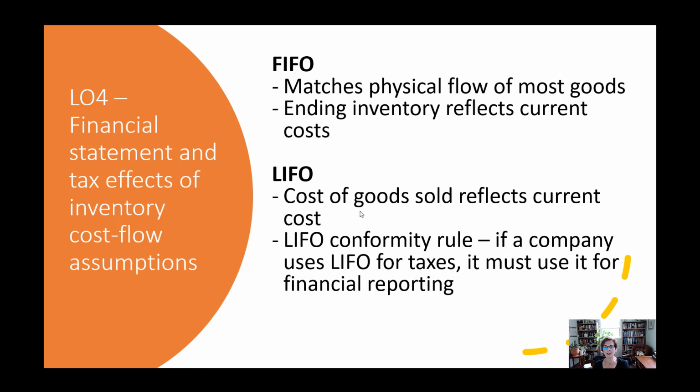Doesn't every company want to have high net income? Well, hopefully, if you're in the US, you're thinking, yeah, for taxes, right? Lower net income equals lower taxes. So a company may very well want to use LIFO because it wants to pay less taxes, and GAAP requires this LIFO conformity rule. So if a company does use LIFO for taxes, it also has to use it for financial reporting.